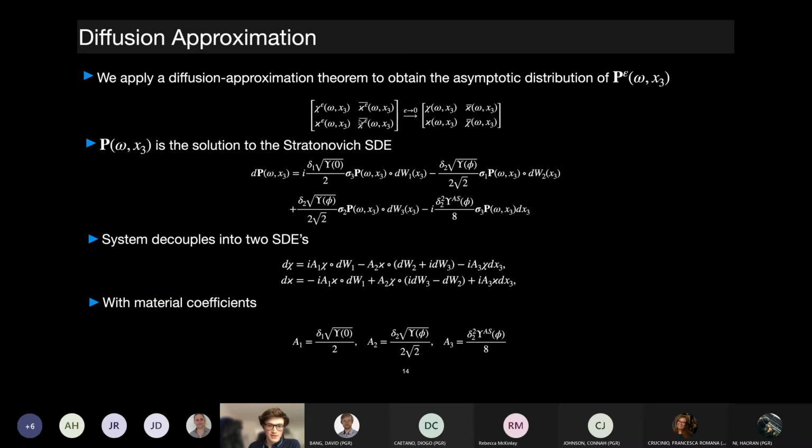So because it has this nice conjugate symmetry, it actually decouples. So this matrix equation here decouples into two SDEs, and these A1, 2, 3 constants basically contain information about the material. So you can plug in stress values and kind of study a real material, and I'll show you that at the end.